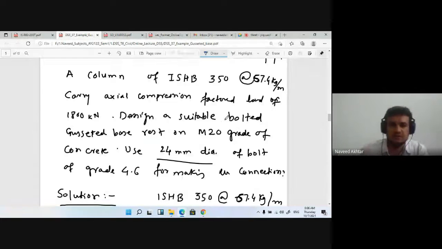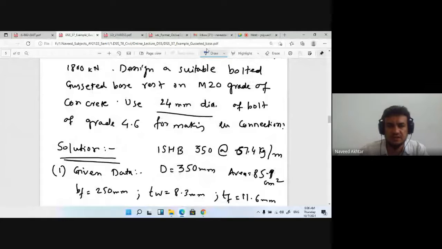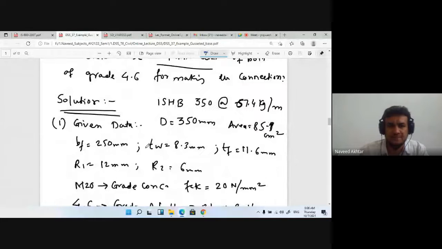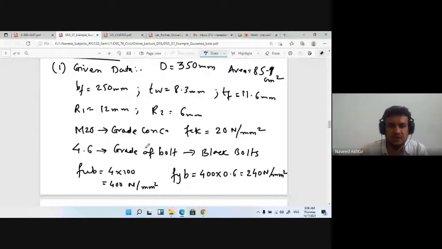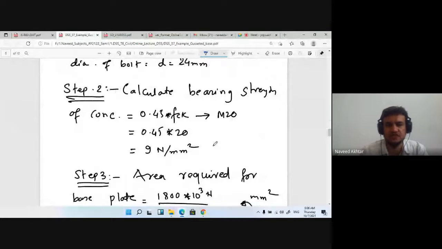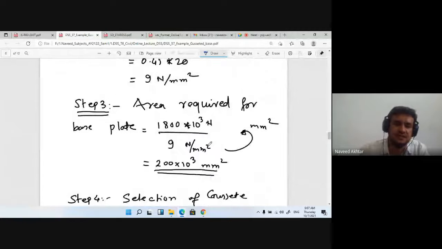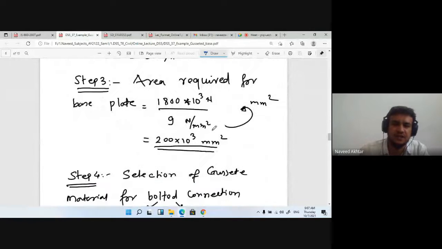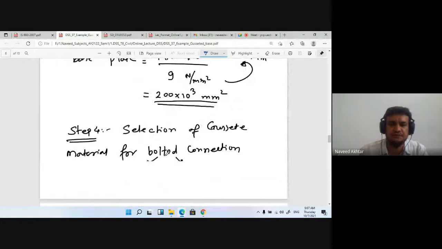Step number 1, we have to write down the given data. It is already completed. Step number 2, we have to find out the bearing strength of the concrete which is supporting the base plate or gusseted base. The area required, you can find out in step number 3, which is coming to 200 into 10 to the power 3 mm square.